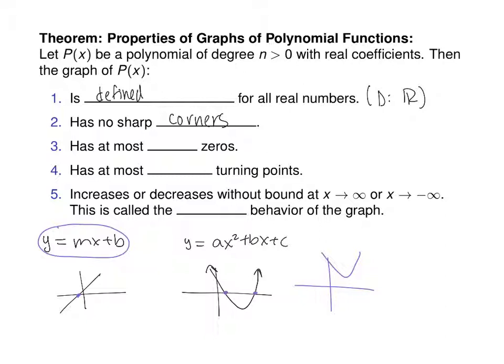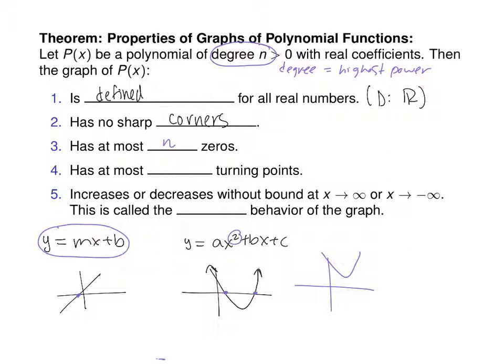But the general rule is it has at most n zeros, where n is this thing called the degree, and the degree is the highest power. So if you have degree 2, you cross the x-axis at most twice. And at most means you could cross less than twice, that's also fine.